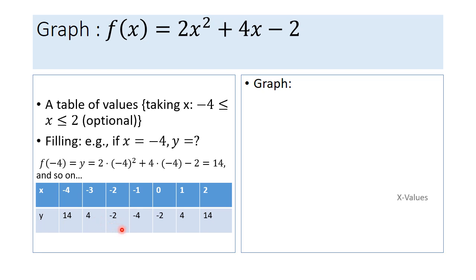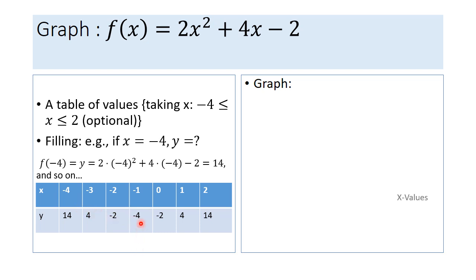So if you look closer at this table, you will observe that at this position, when x is equal to -1 and y is equal to -4, if you move to the right side and you move to the left side, the values of y are similar.